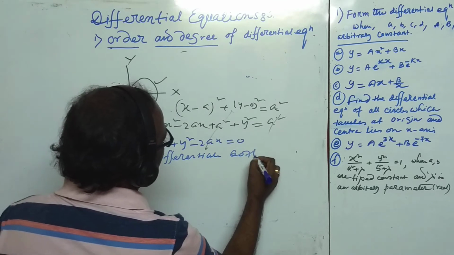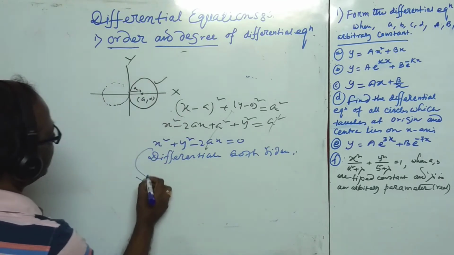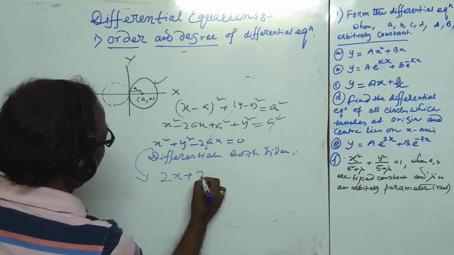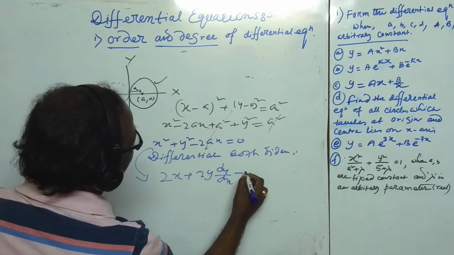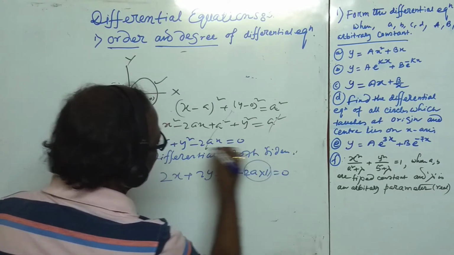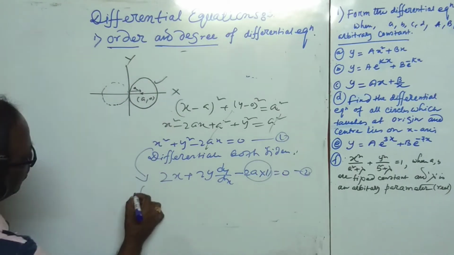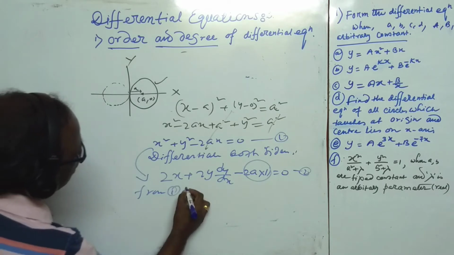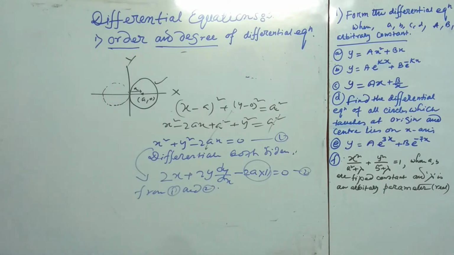Differentiate both sides. The derivative of x square is twice x, plus twice y dy by dx, minus twice a equal to 0. So from 1 and 2, what do we get?